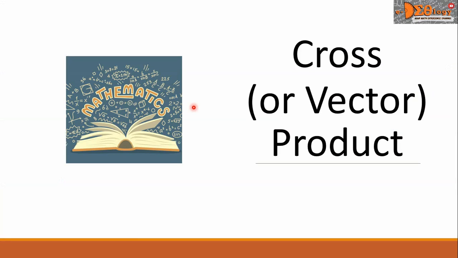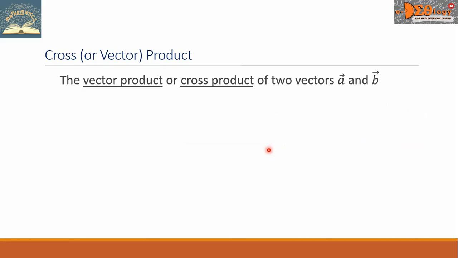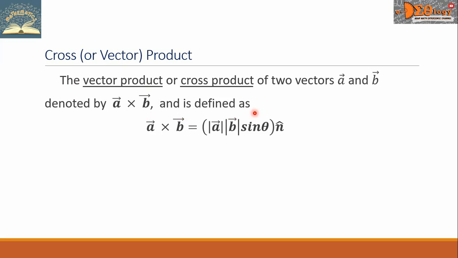Hi everyone. Today we're going to study the cross or vector product. The vector product or cross product of two vectors A and B, denoted by vector A times vector B, is defined as vector A times vector B equals the quantity length of A times length of B times the sine of theta.